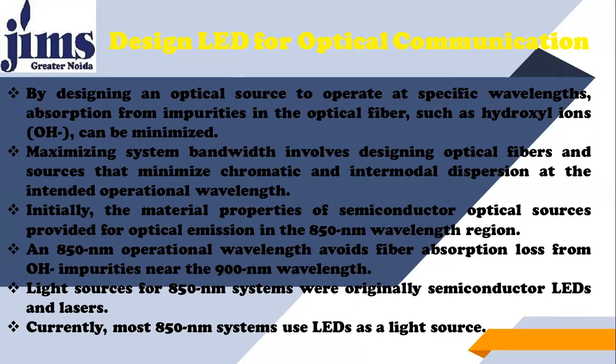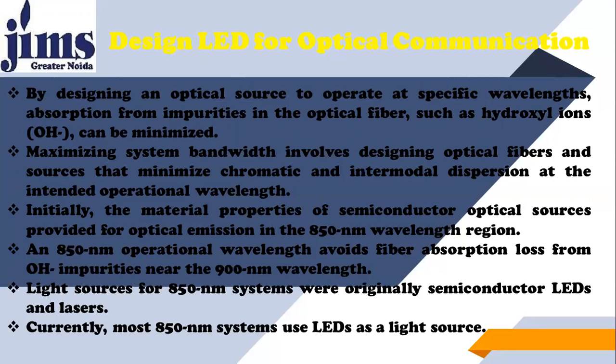So initially, the material properties of semiconductor optical sources provided for optical emission in the 850 nanometer wavelength region. So nowadays, most optical communication engineers use the 850 nanometer wavelength region, because 850 nanometer of operational wavelength avoids fiber absorption loss from OH impurities near the 900 nanometer wavelength.